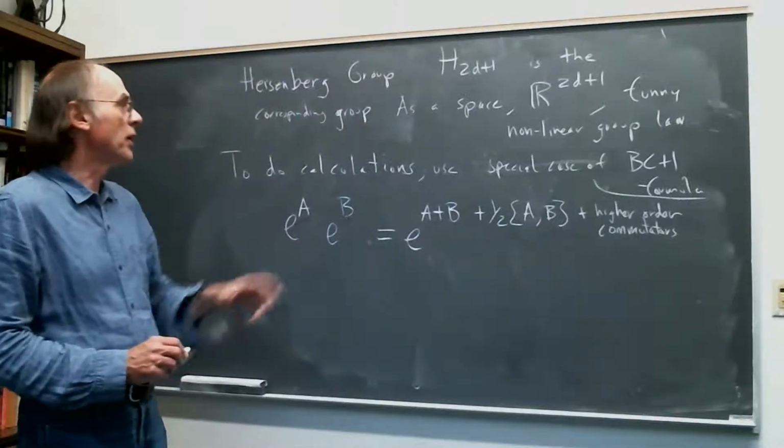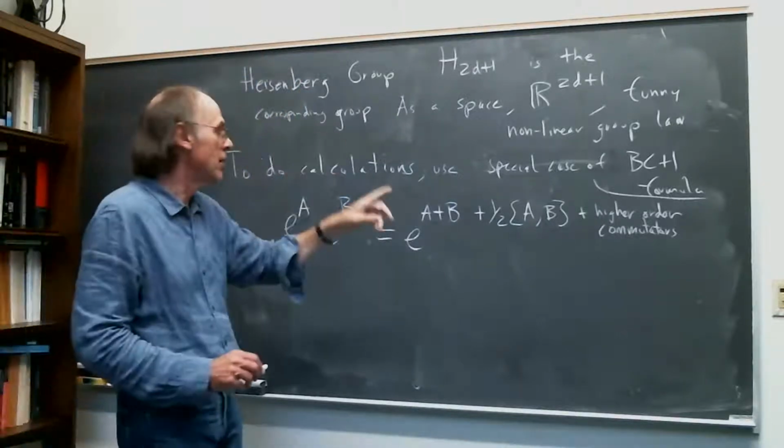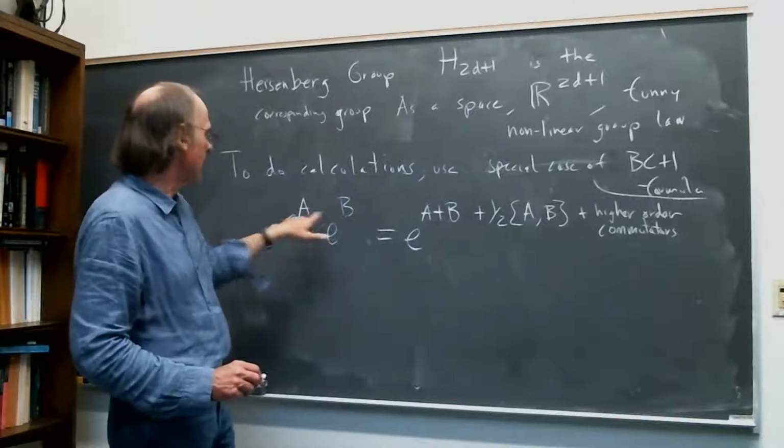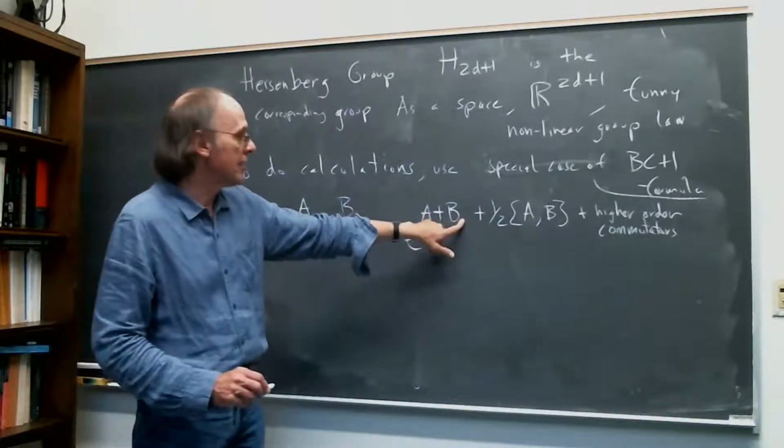And now the one nice thing about the Heisenberg group and the Heisenberg Lie algebra. So these are guys in the Lie algebra. When you exponentiate them, you're getting guys in the Lie group.